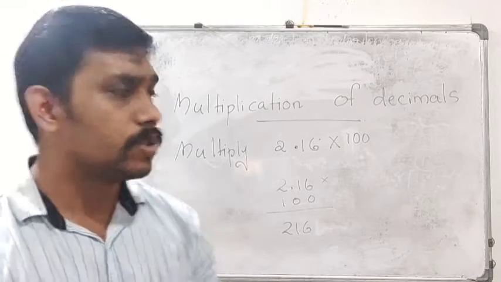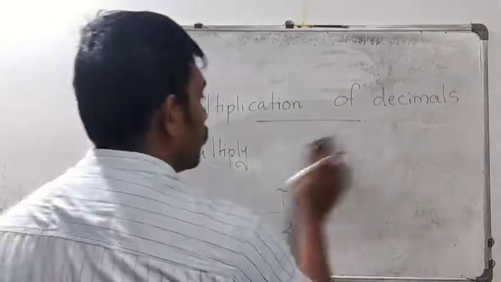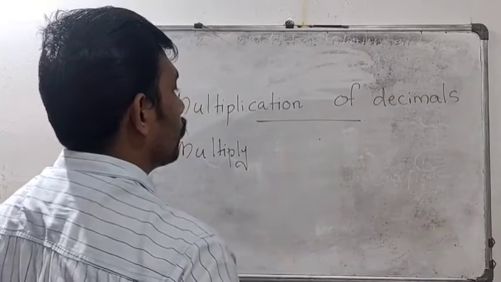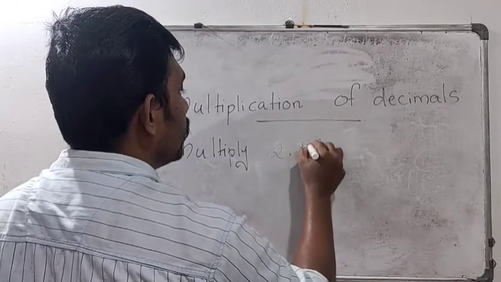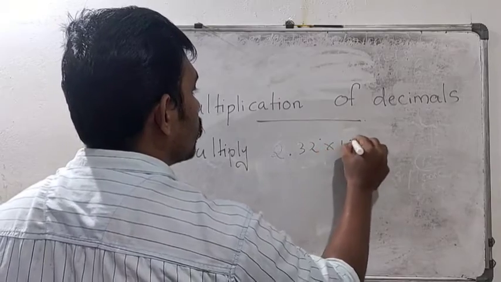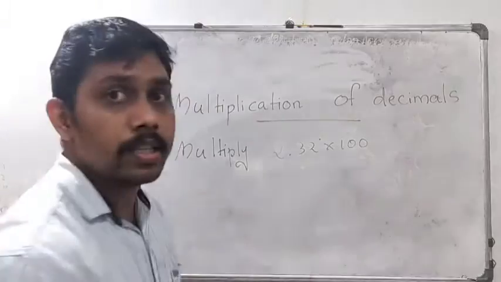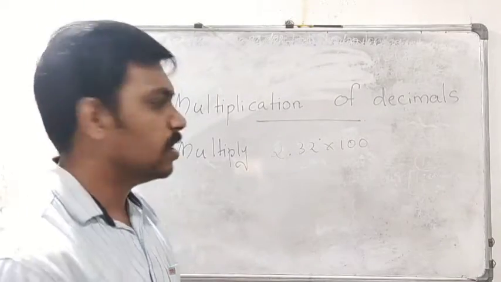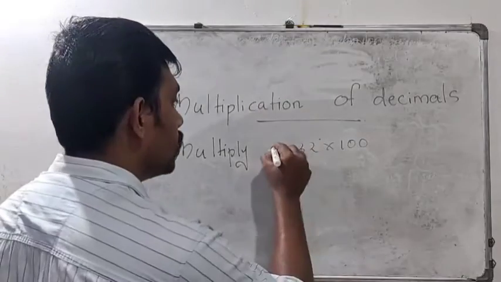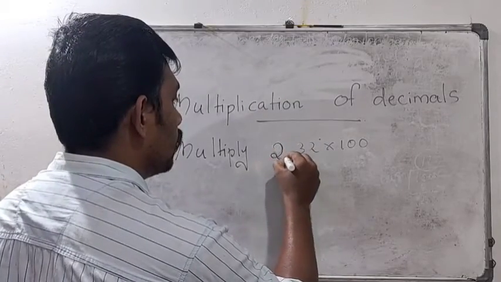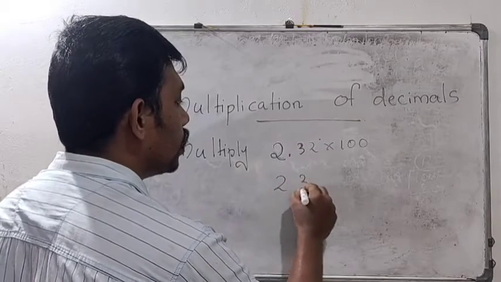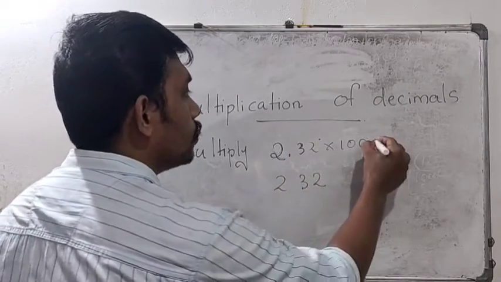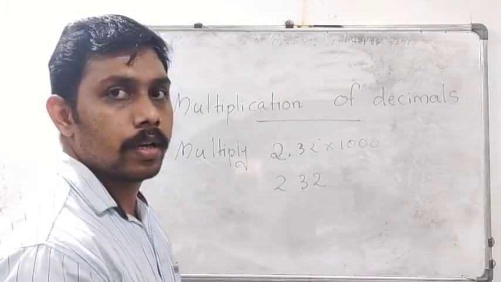Okay, now let's do one more example. 2.32 into 1000. Pen is not working. Sorry, my dear students. 2.32, so write 232 and 1000.